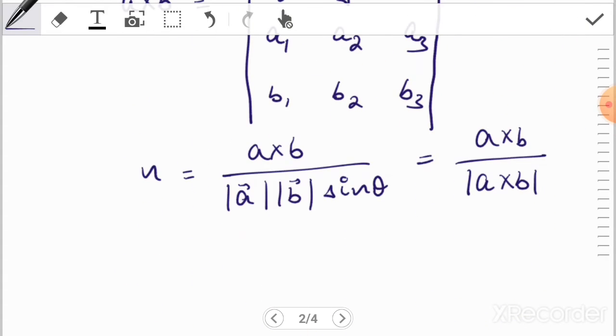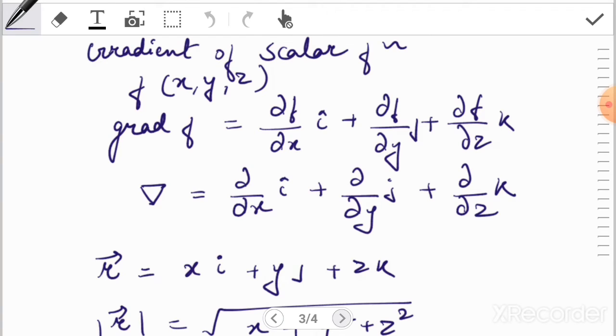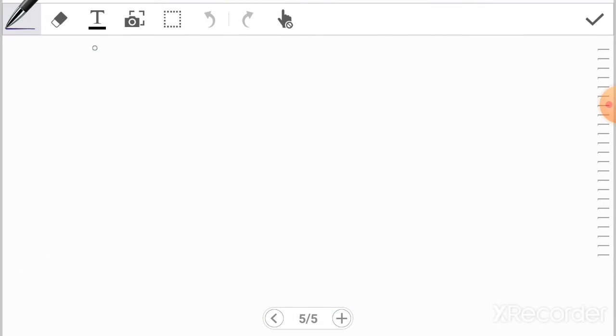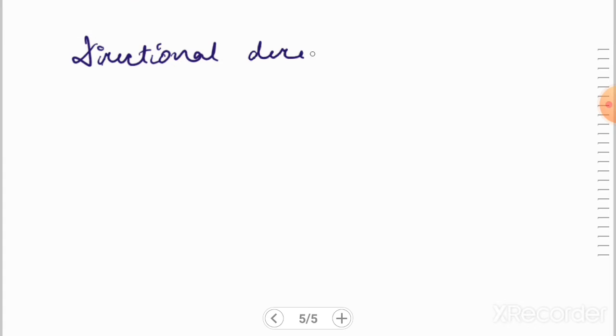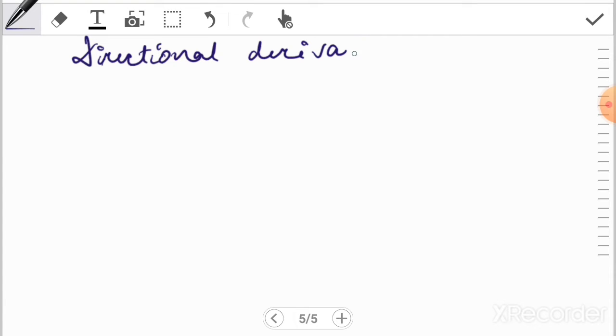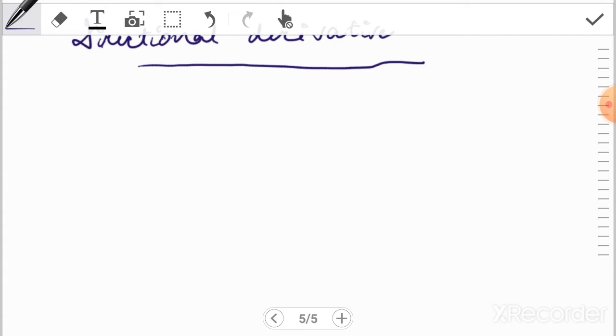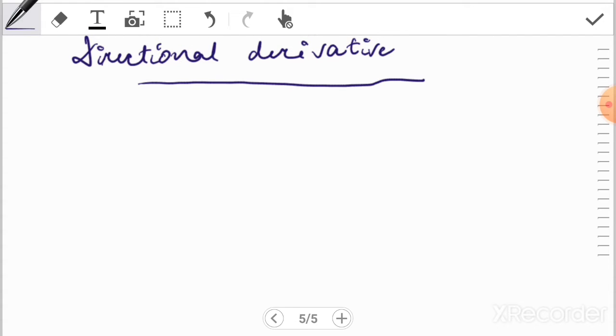So next is directional derivative. Directional derivative is the rate at which any function changes at any particular point in a fixed direction. I repeat, the directional derivative is the rate at which function changes at any particular point in a fixed direction.